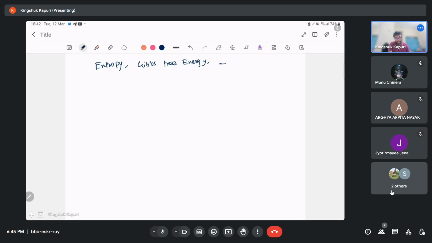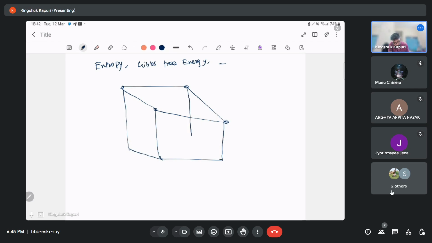Suppose there is a crystal lattice. So this is a crystal lattice, right?